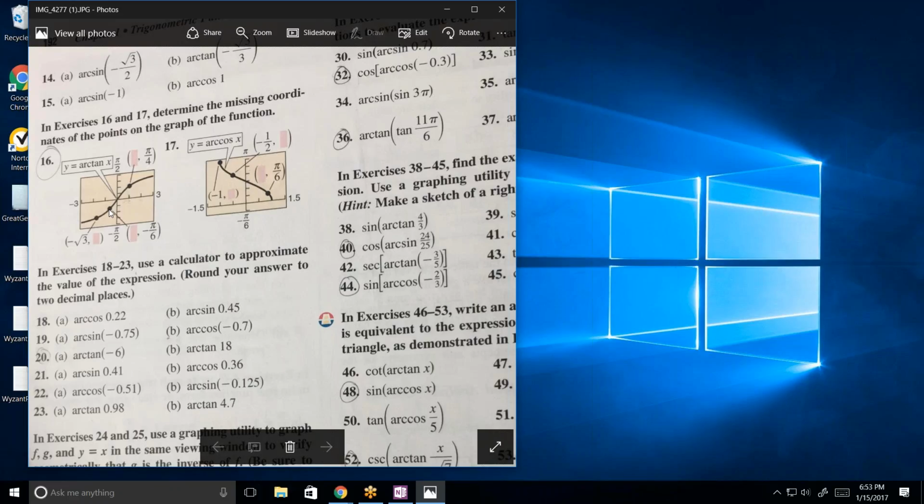Notice that that number is less than 1, right? 1 divided by 1.7 approximately. And sure enough, on the x-axis, it is less than 1. So negative 1 over square root of 3. You see why that is that point right there?